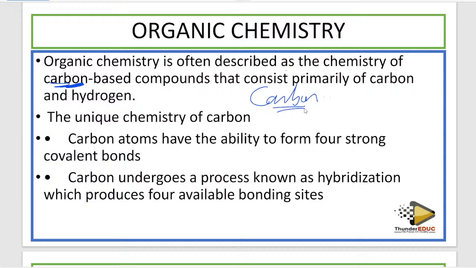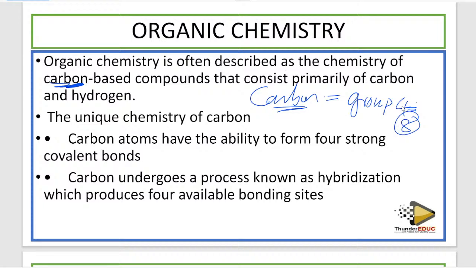And then you need to know where carbon is found on the periodic table. Carbon is found in group 4. What does it mean? It means that it is able to donate or share the 4 electrons which are remaining. Remember, it is supposed to be 8 on the outermost shell.